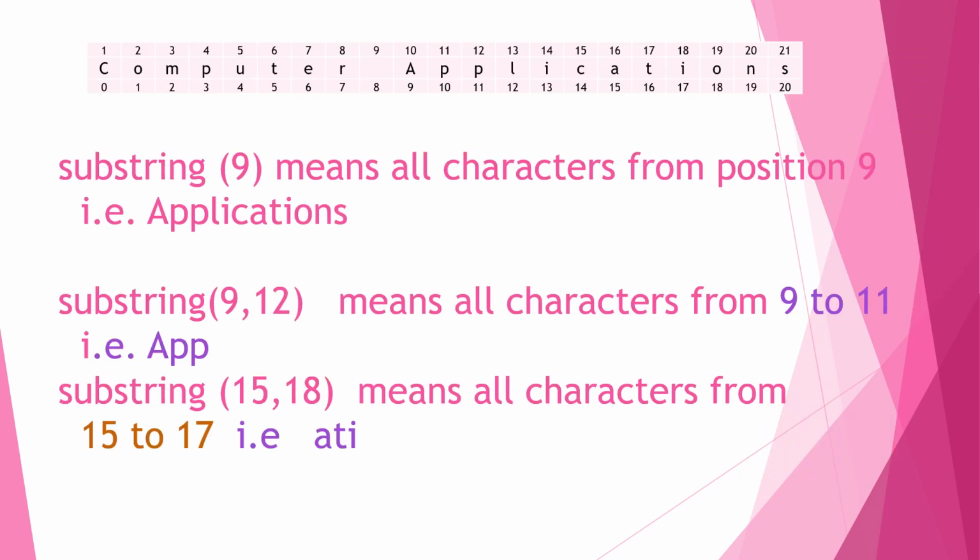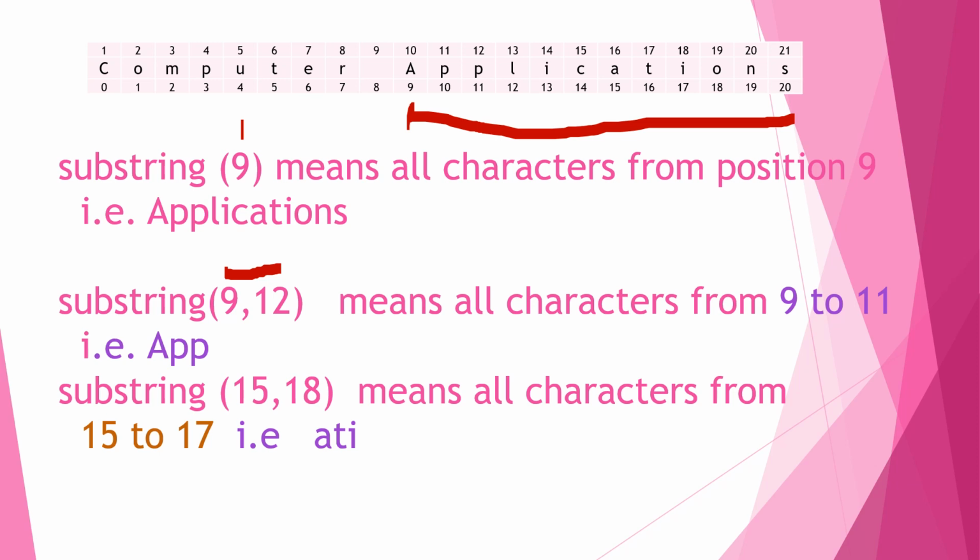Now before going to the next question, we can discuss the function substring. Two variations of substring are there: substring with one number and substring with two numbers. If we are saying substring of 9, starting from 9, the counting starts from 0, and from 9 the complete rest of the word will come as the answer.